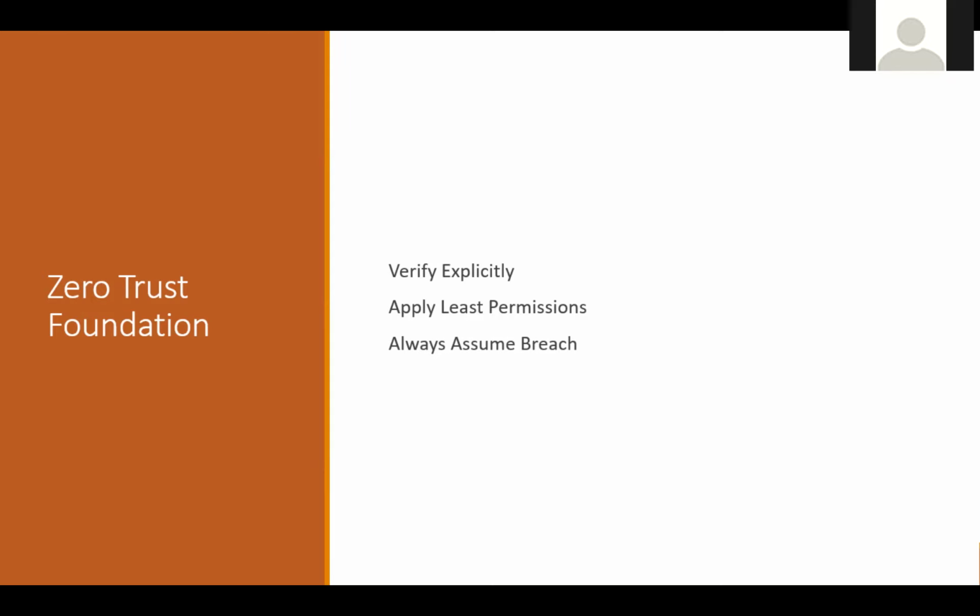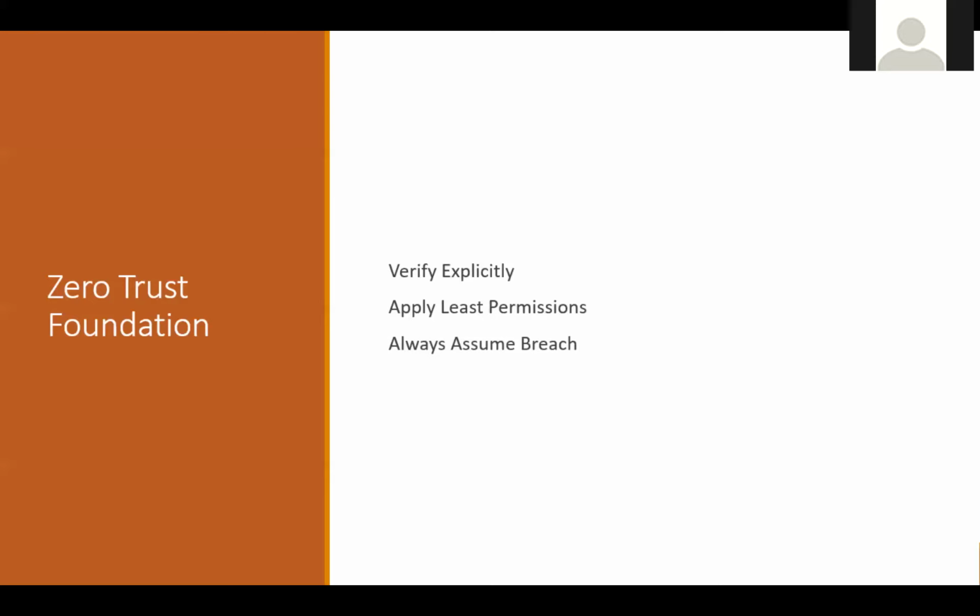It teaches us to never trust, always verify. Every access request is fully authenticated, authorized, and encrypted before granting access. Micro-segmentation and least privilege access principles are applied to minimize lateral movement within the network, and rich intelligence and analytics are used to detect and respond to anomalies in real time.